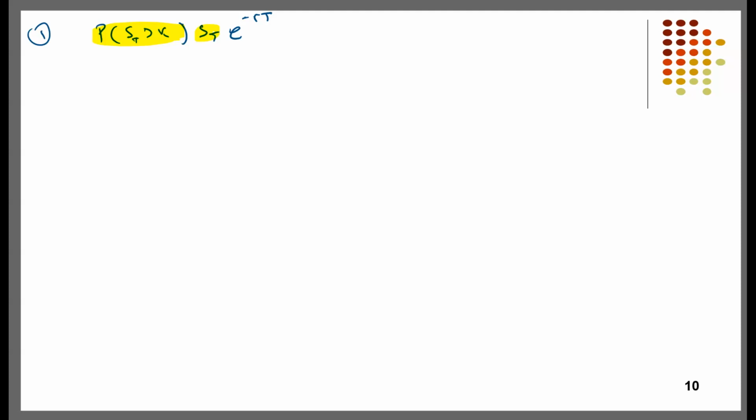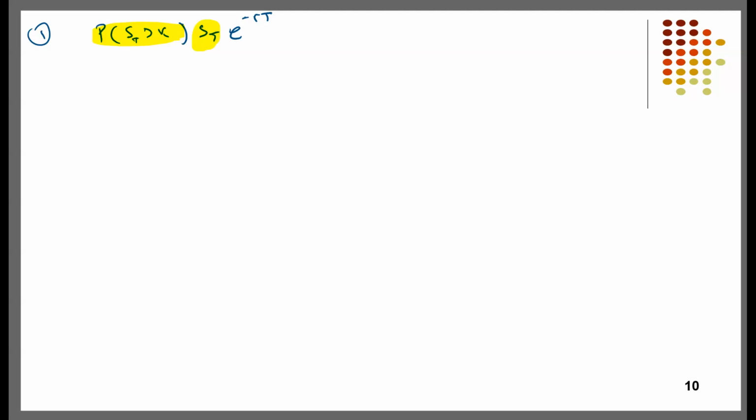And so we're going to do something a little different. We're going to plug in ST here. We know how we can model ST. ST is going to be equal to S0 exponential of r minus 1/2 of the variance times T plus sigma BT. That's what we're going to plug in there, and then we're going to go through that process and we'll see what we get.